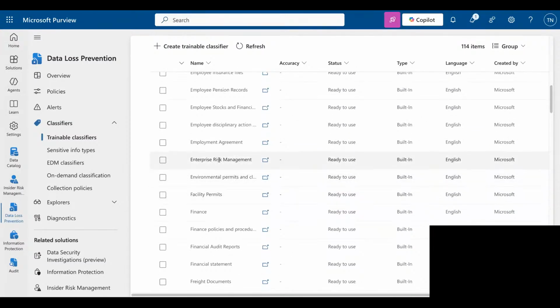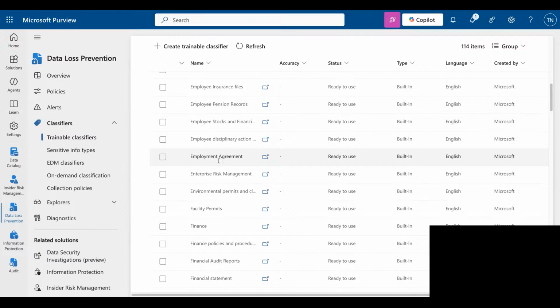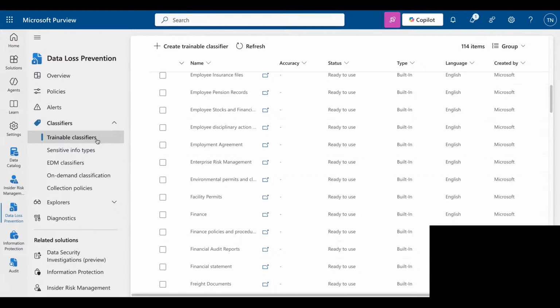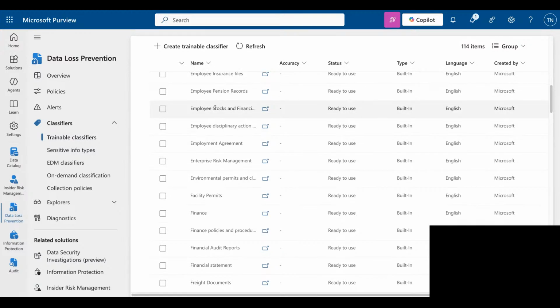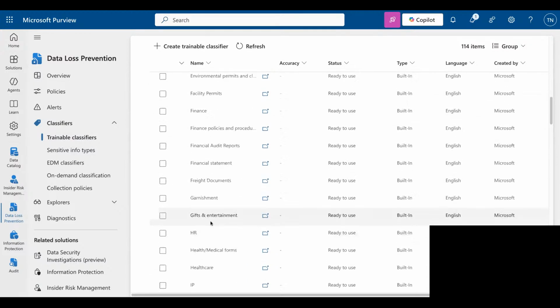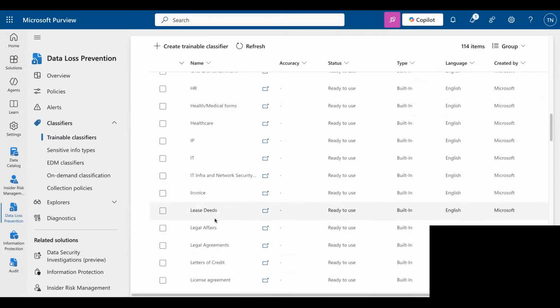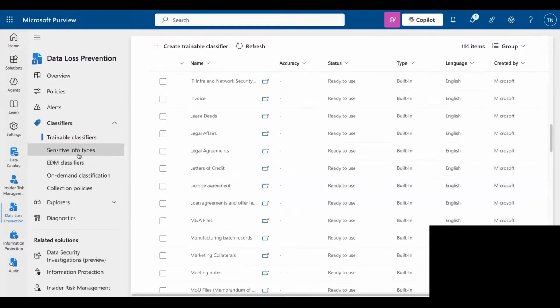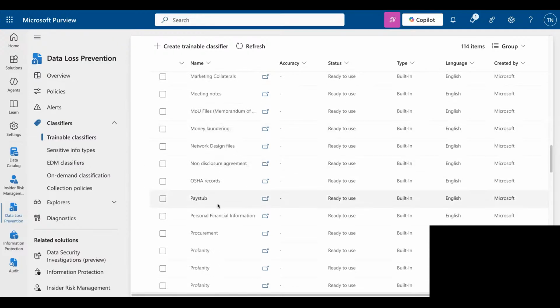So if maybe in the company I'm looking after sensitive information, I'll definitely try and use this because it's going to be able to read a lot more unstructured data. This is also good, but it's good for structured data. It works well where the data is structured.